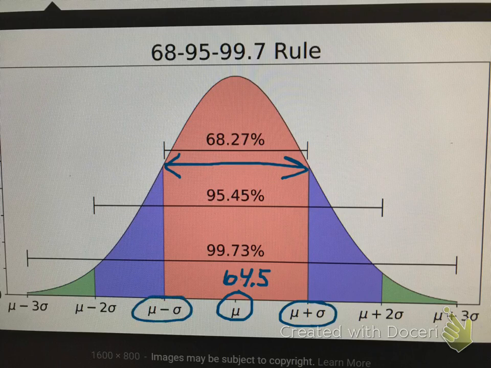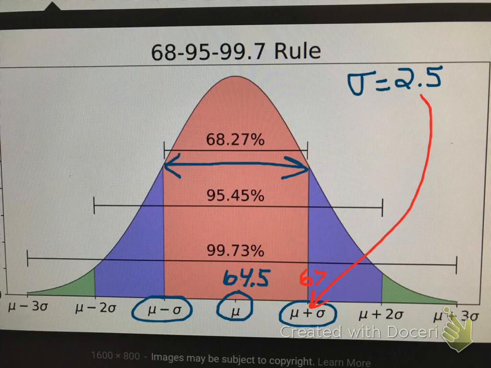So what that means is that if the standard deviation is 2.5 inches and I add 2.5 to the mean, that gives me, let's see, 67 inches.